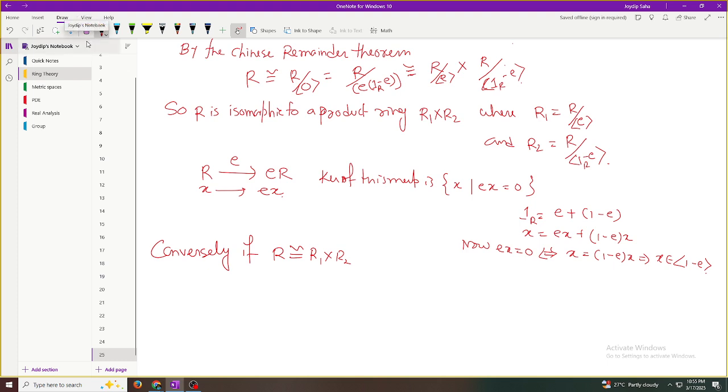Okay, x belongs to the kernel of E if and only if Ex is 0, if and only if x belongs to that ideal. Okay.